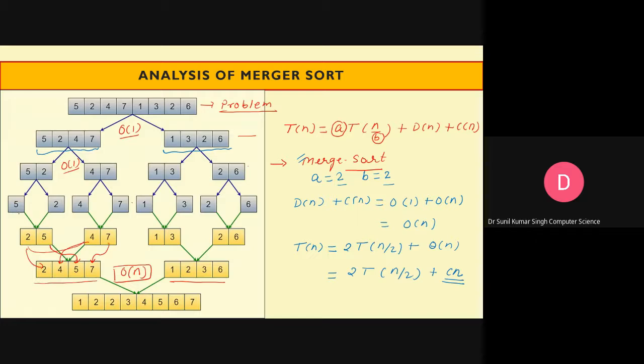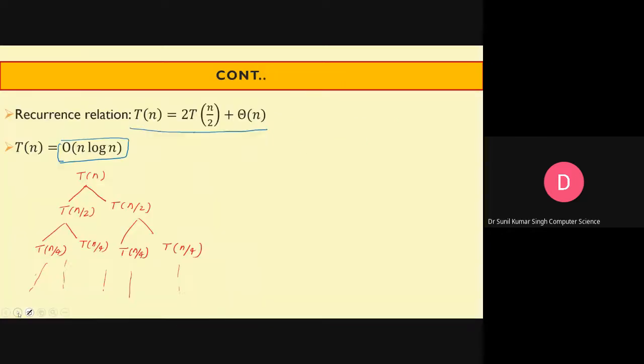In the end, we are dividing it till all the sublists contain only one element. So that also is going to contribute some constant time complexity.